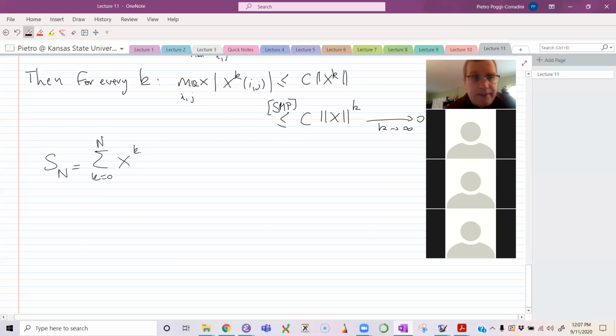I want to show that the entries of S_n, this partial sum of the geometric series, converge as n goes to infinity. That's the claim.